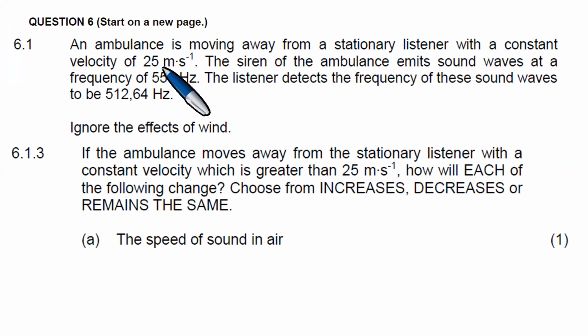But now, if it is a constant velocity which is greater than 25, the question is, how will each of the following change? Choose from increases, decreases, or remains the same.